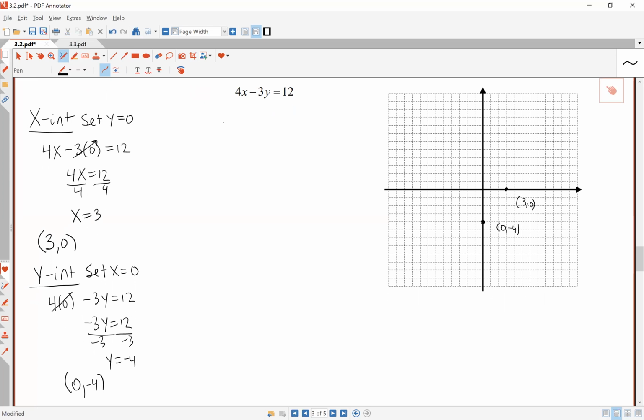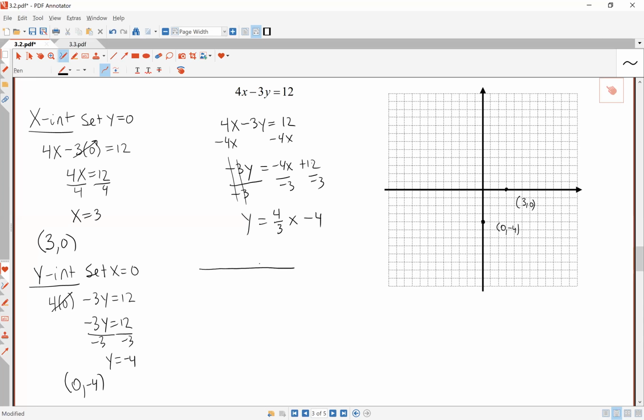And now we'll find some more points on the graph by solving for y and plugging some x values in. Let's subtract 4x from both sides and get -3y equals -4x plus 12. Dividing both sides by -3, the -3's cancel out, and we have y equals -4 over -3, which is 4/3 x, and 12 over -3 is -4.